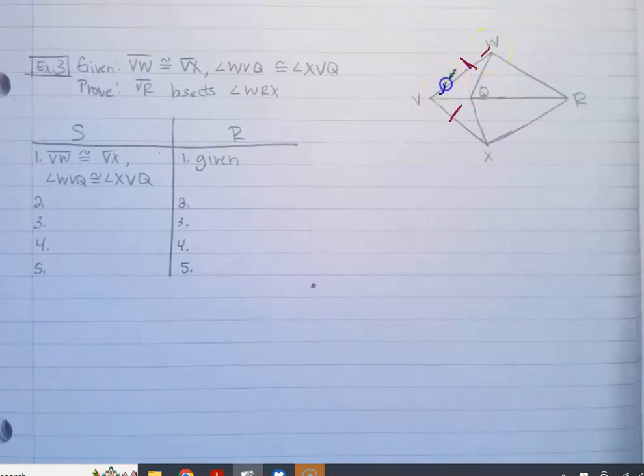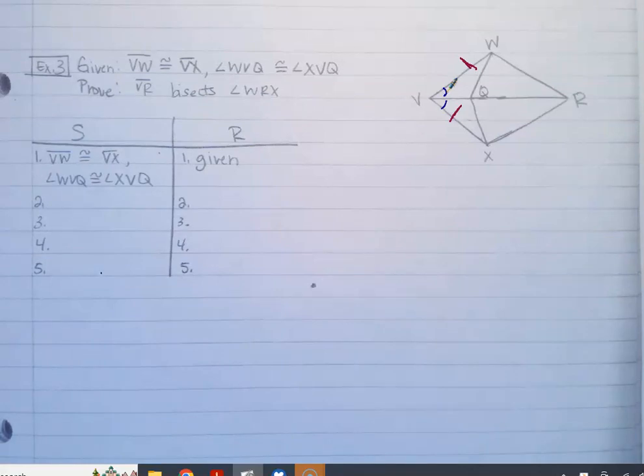Is congruent to XVQ. X to V, that's the vertex, to Q. Yep. All right, perfect. So we got that marked. I might clean up our marks a little bit. Okay, there we go. So we have one side and one angle that are congruent.